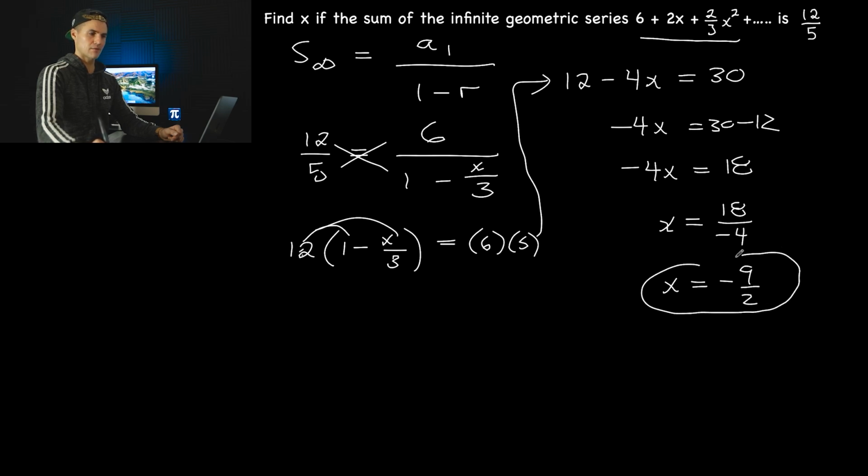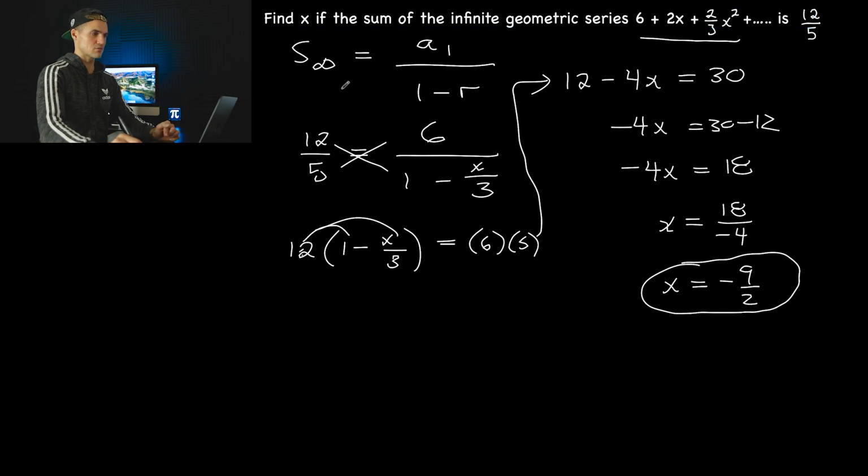And that right there would be the answer for this question. The x would be negative 9 over 2. If you plug in that x value, you can get the actual values, if you want to check it. Before I erase this, let's do a quick recap.